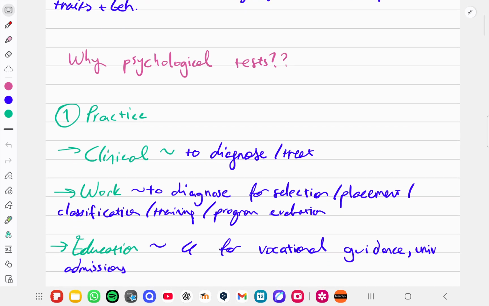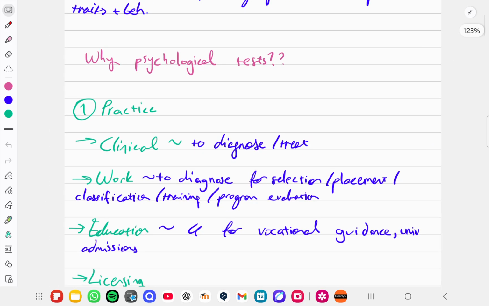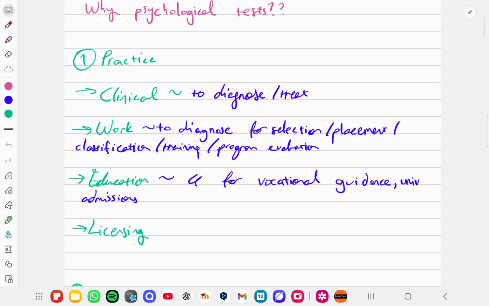So why do we use psychological tests? First of all, they are practical. They help us in clinics, so we can diagnose the patients and treat them.